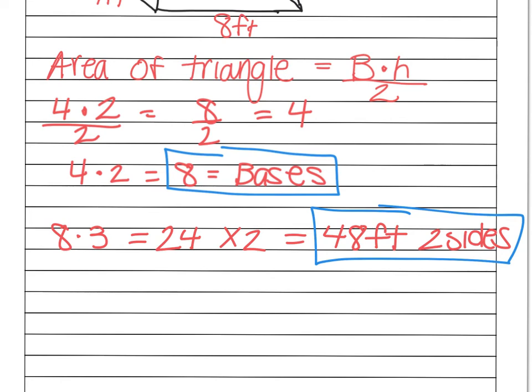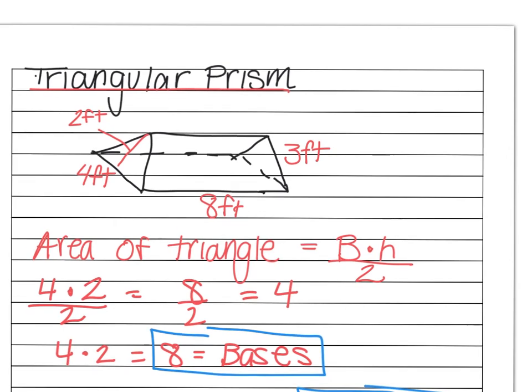And then you have the very bottom of the triangle. So let me go back and show you. So far, we have done these two bases. We've done the two rectangles that fall from the side. So you have one back here too. And then you have the very bottom of the triangular prism where it sits on the ground.